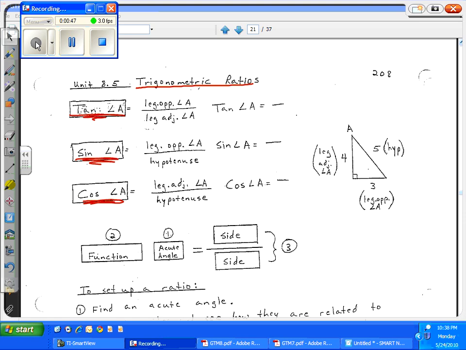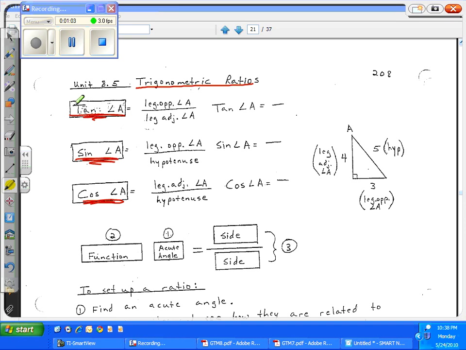But what do we do if we only know one side, but it's not a 30, 60, 90 or 45, 45, 90? Then we need something else. And that's where these trigonometric ratios come in.